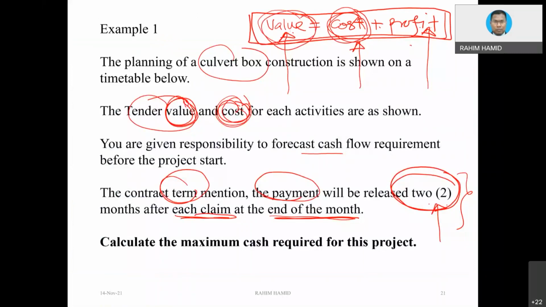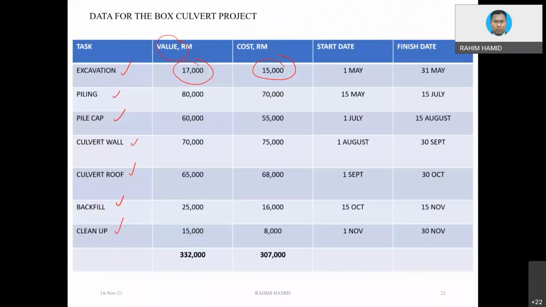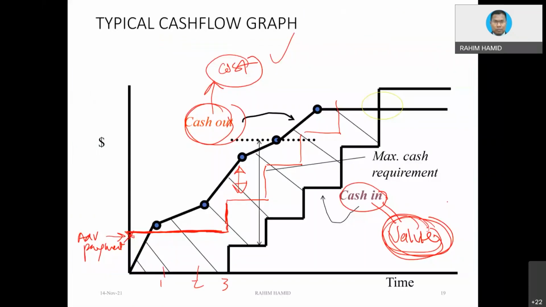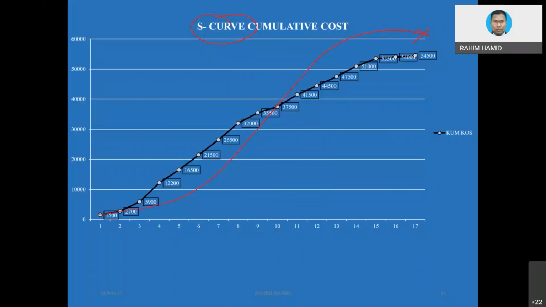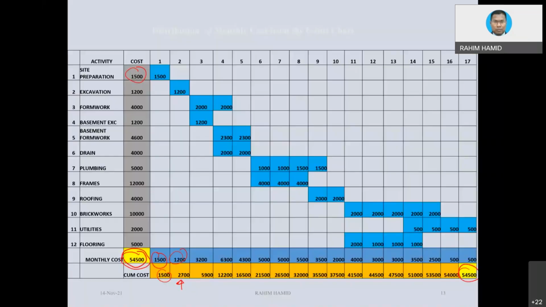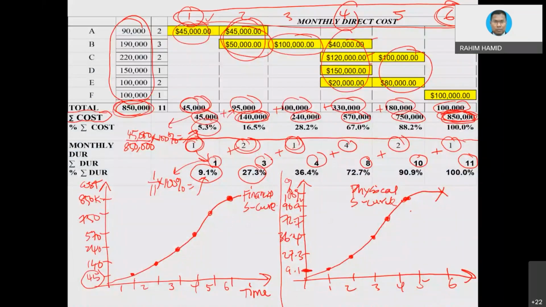And then the information also gives the start and finish date. What does this basically tell us? Remember when we want to do the cash flow, the S-curve or whatever, we need to have the Gantt chart.